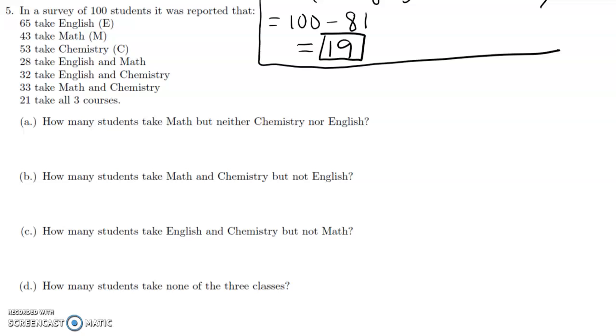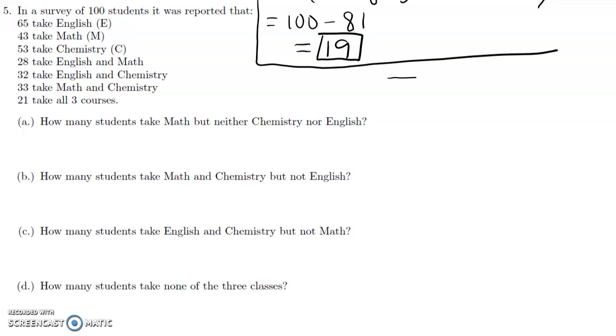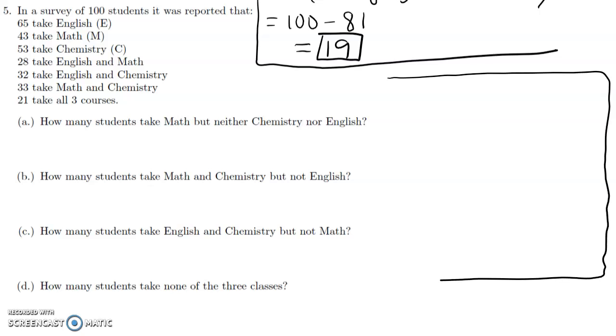So as we talked about in our lecture video, we saw that the best way to answer a question like this is to create a Venn diagram. So we're going to draw a nice big Venn diagram over here. And we're going to create different sets for these different classes. So we've got our universal set is the big rectangle.